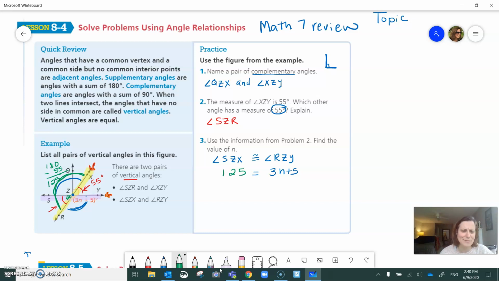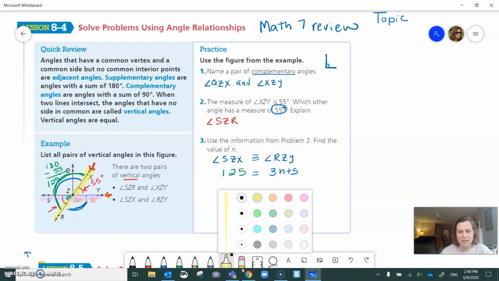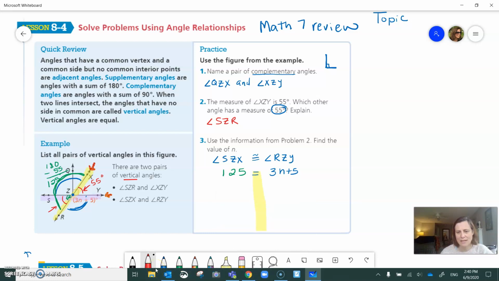Let's just keep going. Okay, so to get those guys alone, I'm going to draw my little line here. I want n to be by itself, so I'm going to start off by subtracting 5 from both sides.